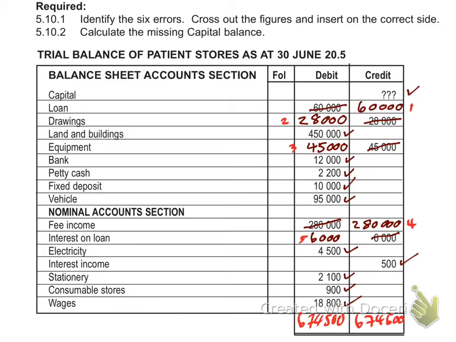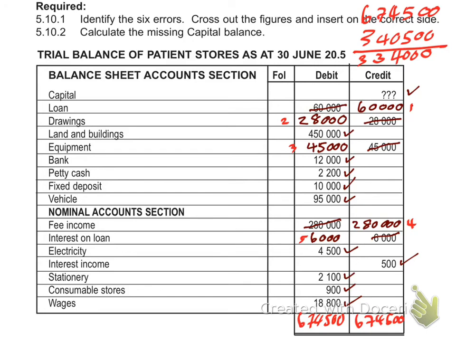It gives us 340,500. We subtract that from 674,500, right? It's going to give us what? 334,000. That is your capital now.